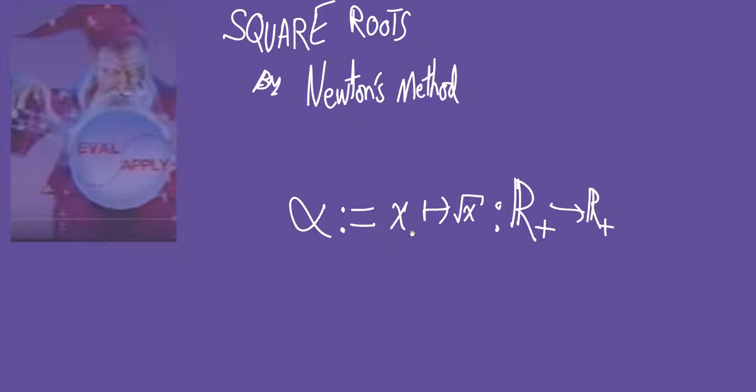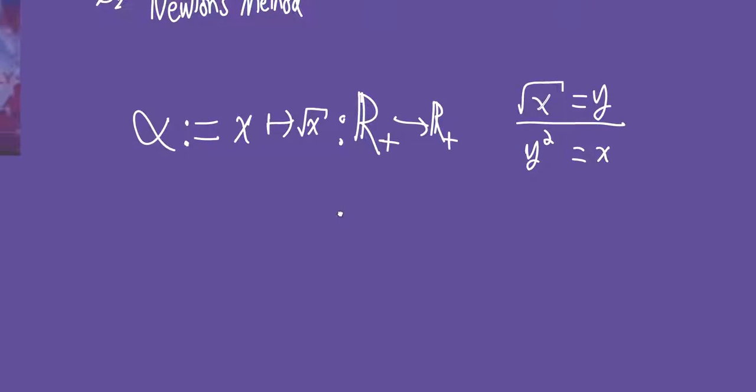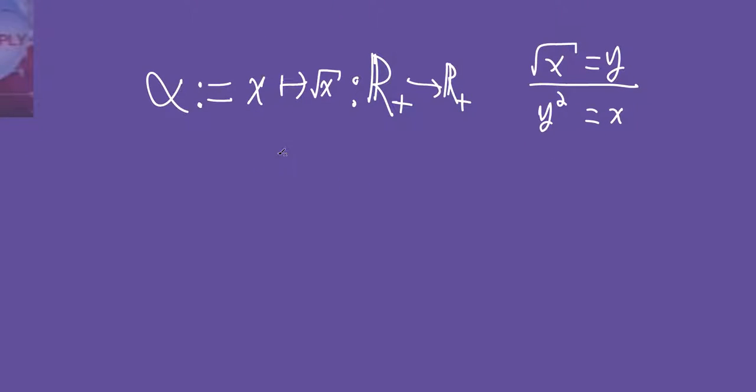And of course, to say that the square root of x equals y is to say that y squared equals x. And really, the way we do this is because, as you know, many square roots end up being irrational, and you can only approximate them.